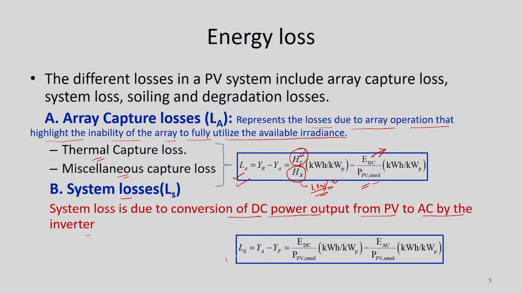This can be represented by L_S equals E_DC to PV rated minus E_AC to PV rated. Once we know the expression for E_AC and the energy generated from the DC side of the PV system, then we can calculate the system losses. If we combine these two, L_A plus L_S, then it becomes the total losses.